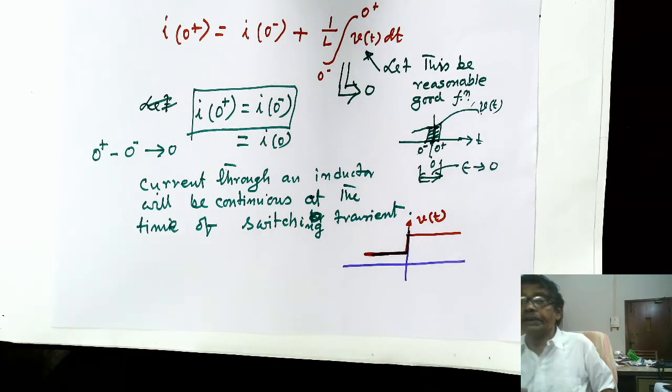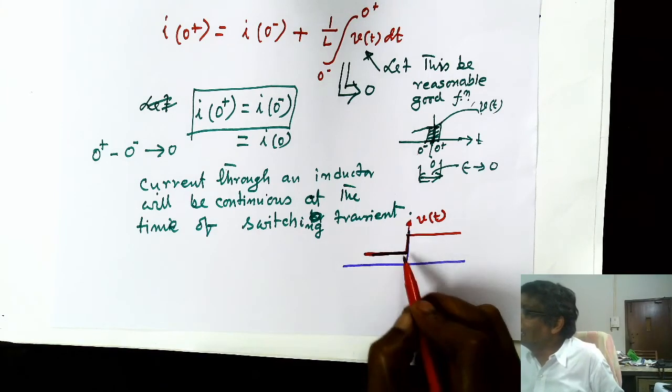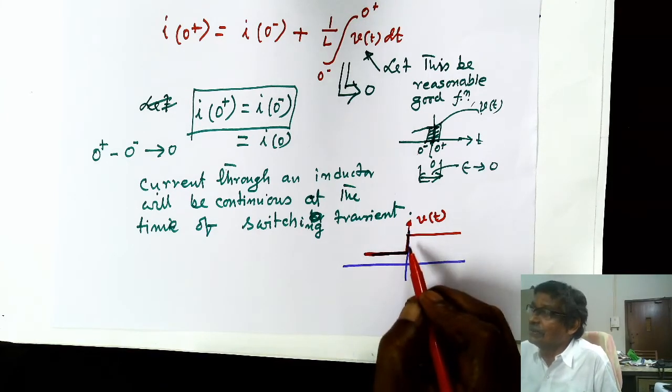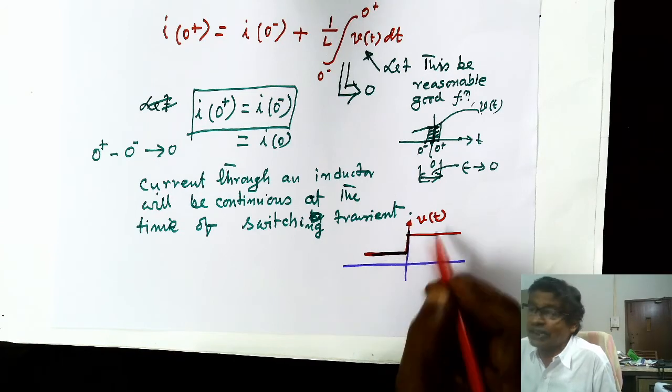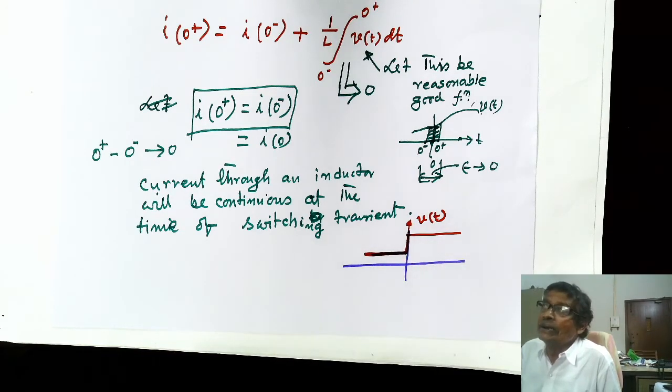Got the point? That is, in no time the voltage level has changed from say plus 5 volt to plus 10 volt. Then also you have moved the inductor from one circuit to another. I can say, okay, battery voltage, you have changed it to some other voltage level. We can always think that way.